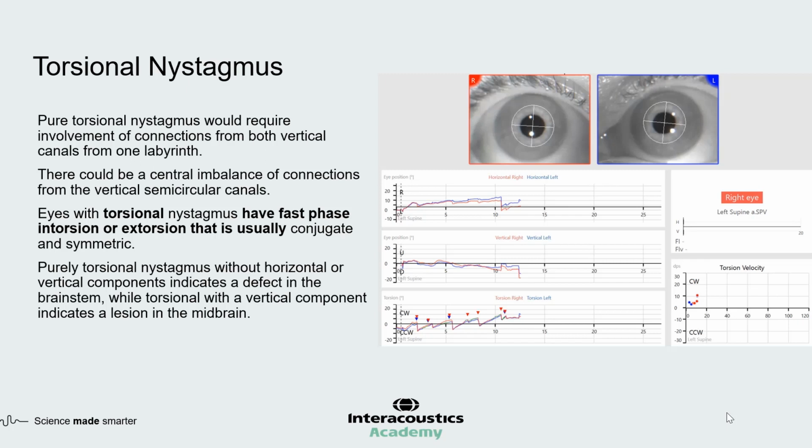But what we don't see is activity in the horizontal and vertical channels. So no left or right or up or down beating nystagmus, just that pure torsion. And this is our trigger that this is a central finding. So this is a red flag for a further central workup. And oftentimes this pure torsion can come from a lesion in the midbrain.